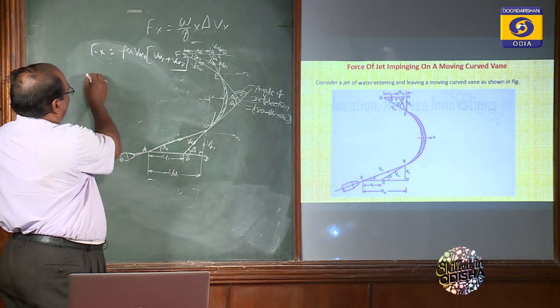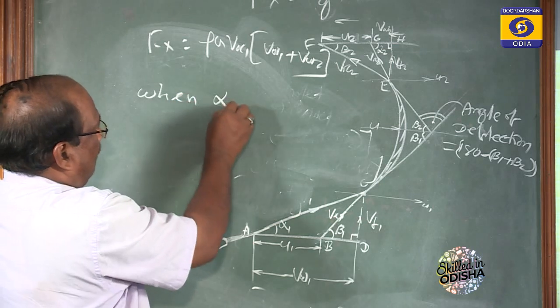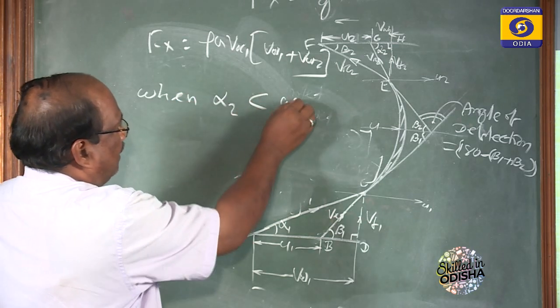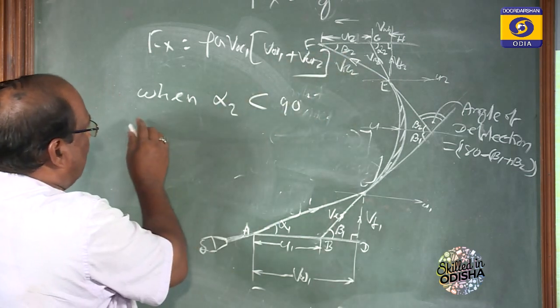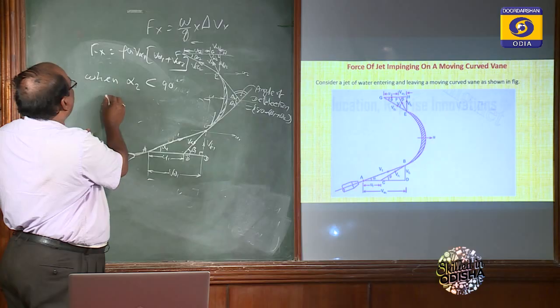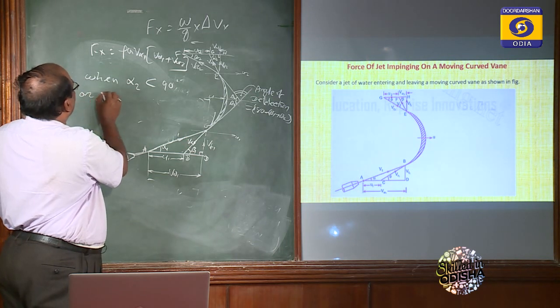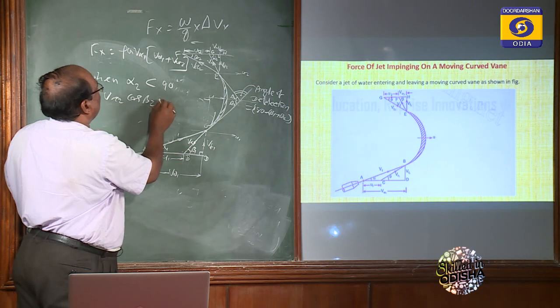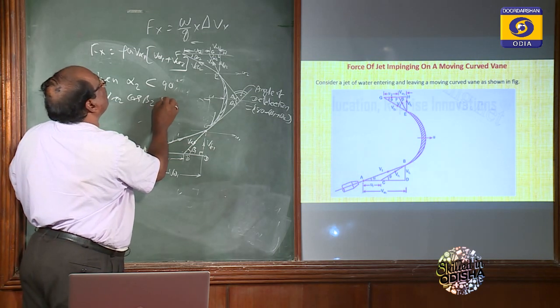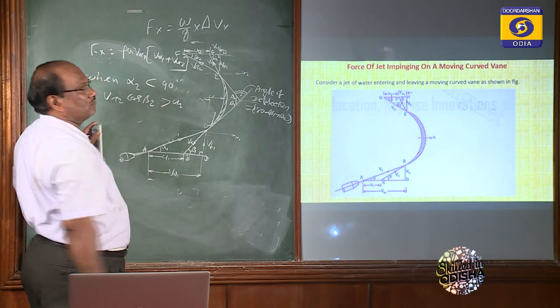So this is the equation when alpha 2 is less than 90 degrees, or VR2 cos beta 2 is more than U2.